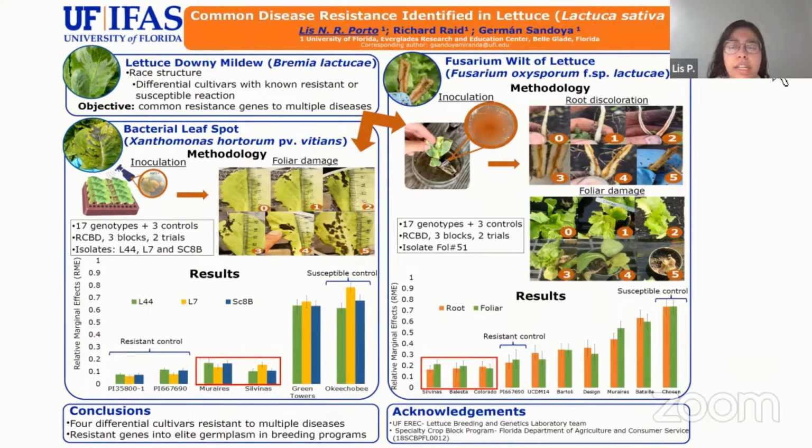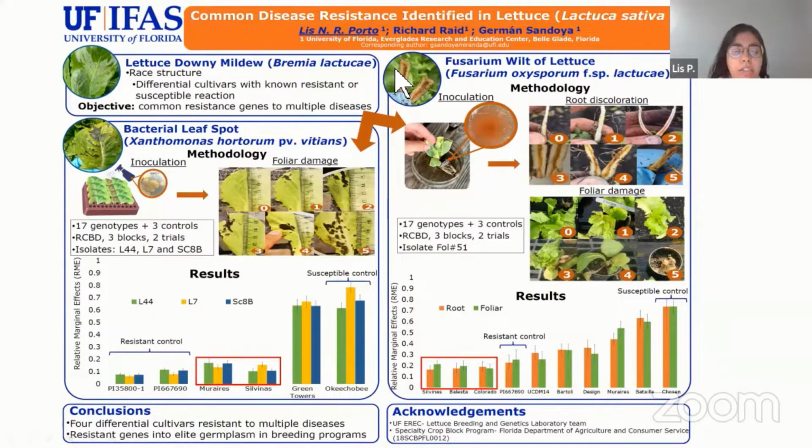And this pathogen is very genetically diverse, presenting several races. And the race structure is defined by using a set of differential cultivars with known resistant or susceptible reaction to this pathogen. So the idea of this work was to use the same lettuce downy mildew differential cultivars to be tested with other lettuce diseases in order to find common resistance in the lettuce crop.